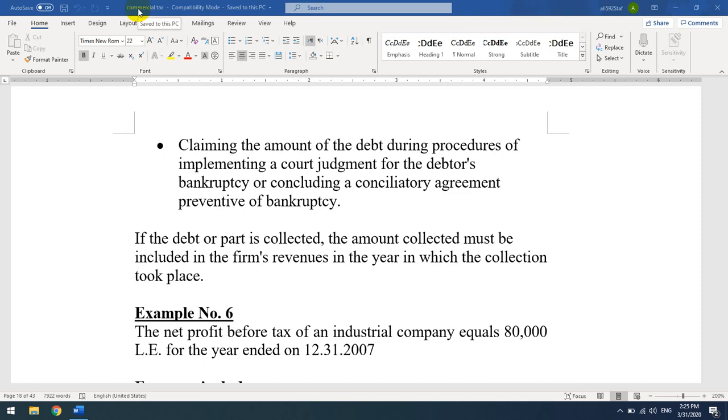And if one day part or all of this bad debt is recovered, this recovery amount has to be included again in the taxable revenues. We talked about this item before.